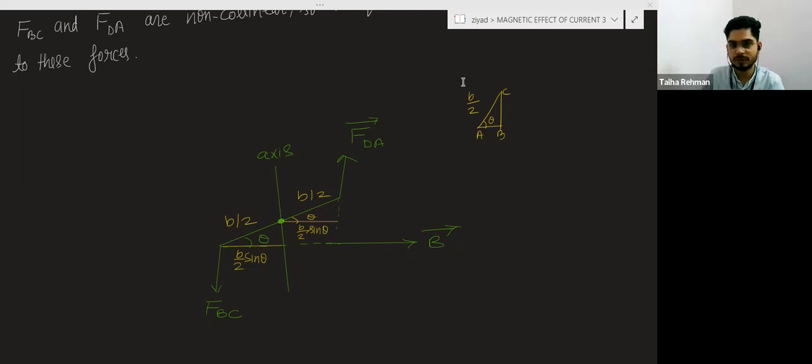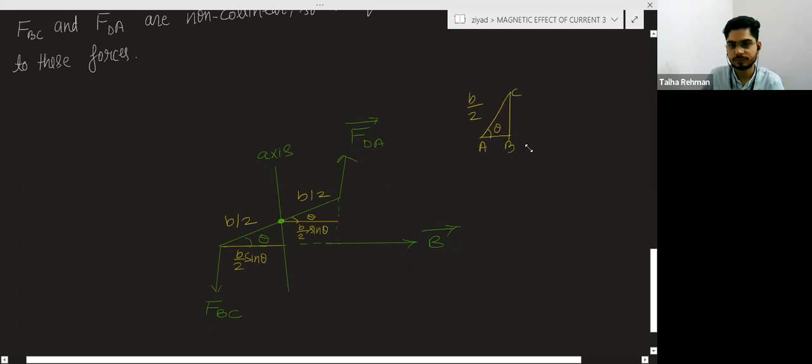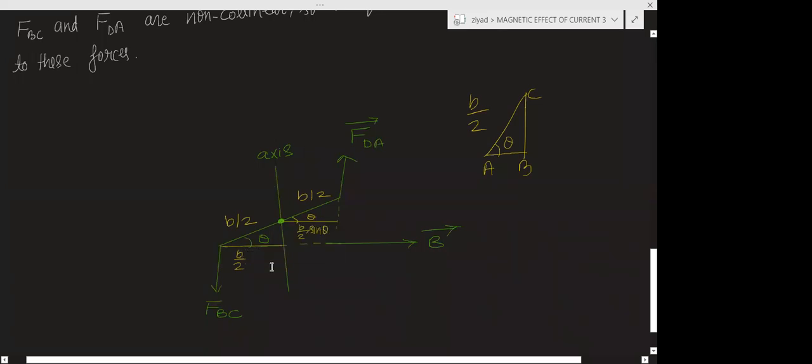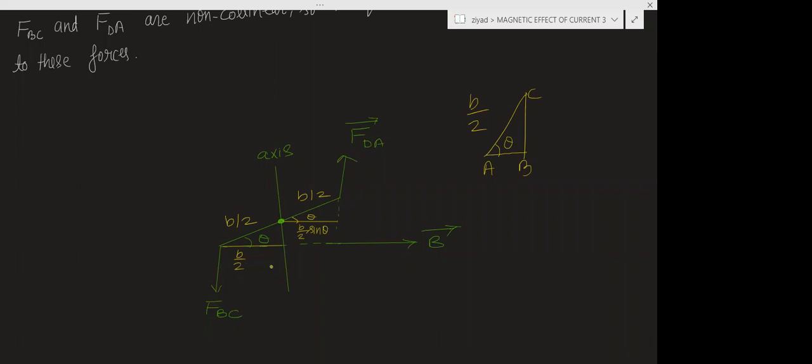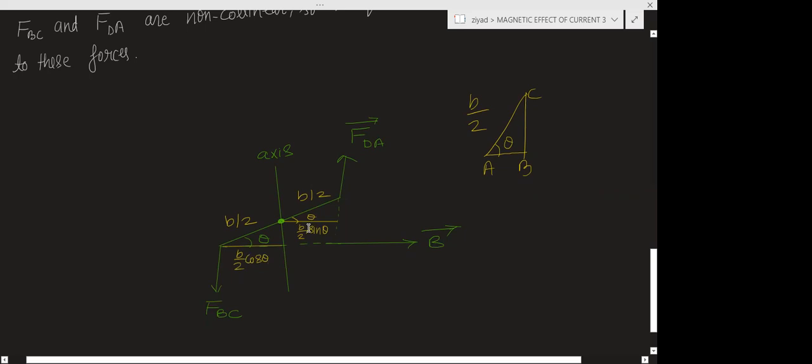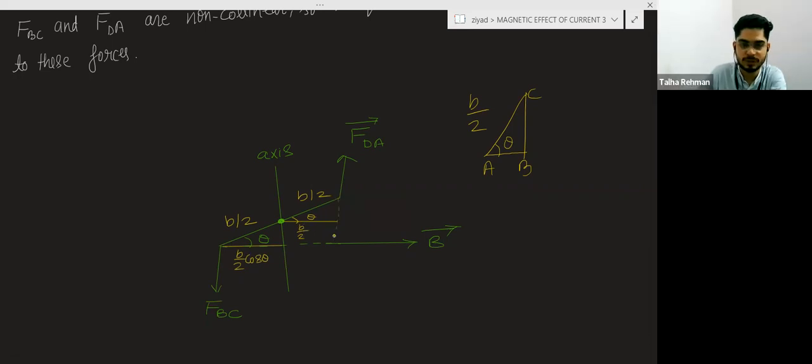Suppose you have this triangle, and we want this distance, b by 2 cos theta.